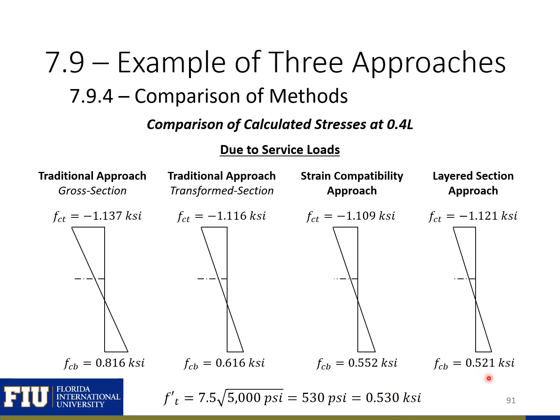If we use our layered section approach, however, we can see that our stresses now check. So this is just a way that shows you that if your stresses are close to checking but don't quite check, you can use a more detailed approach to see if your stresses check, which would allow you to have an okay design without needing to add more steel or change your section shape.